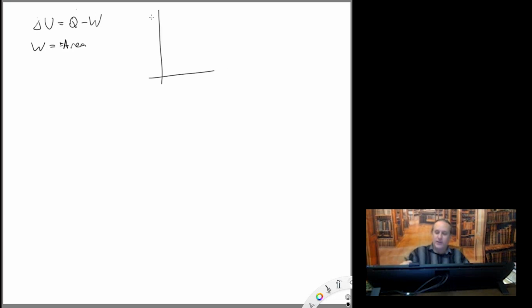So if we have a PV diagram and a process like this, we would get the work by just finding the area under that. Of course, we don't know how to find the area underneath such a shape, so we'll only have straight lines to find the area under.